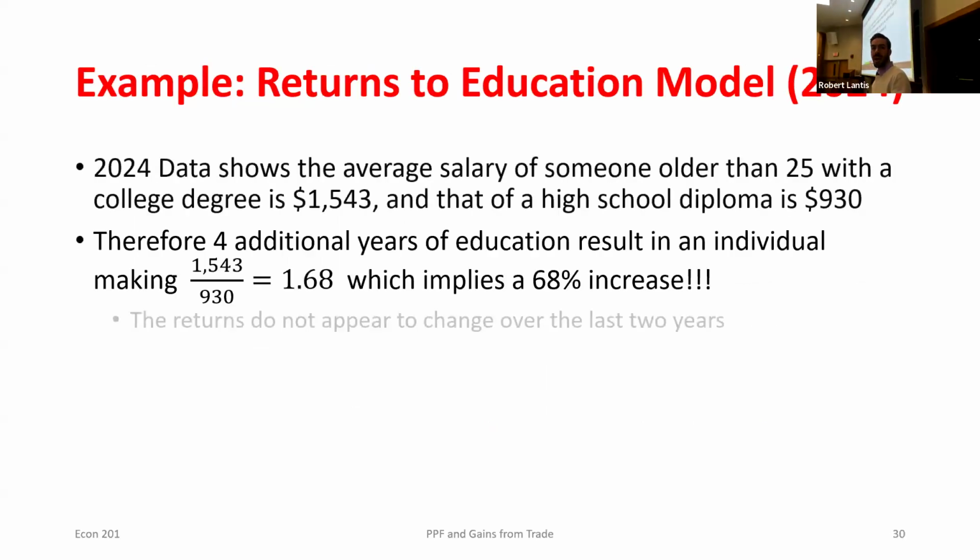I also updated this because they had some newer values put out. There's usually a little bit of a lag in how quickly they get data out. Just before we started the semester, they put out the 2024 data. 2025 just ended, so it's not out yet. But I plugged in the new values, and it ends up being the exact same return, which is nice because it shows there's a pretty consistent return to a college degree, right?